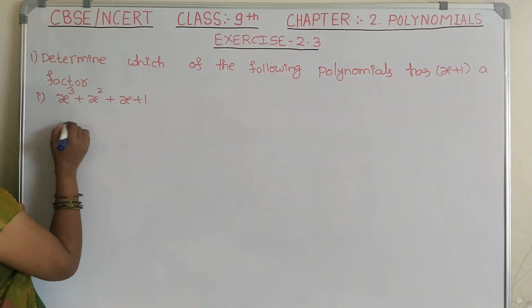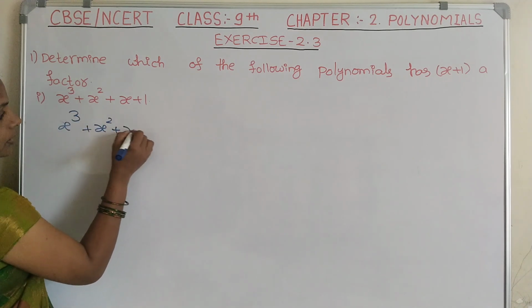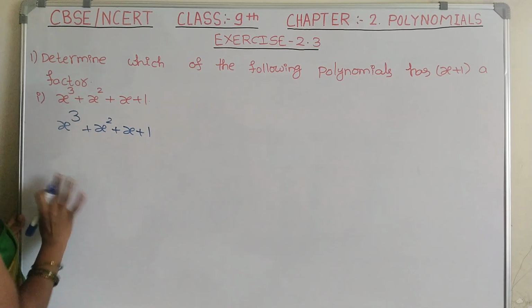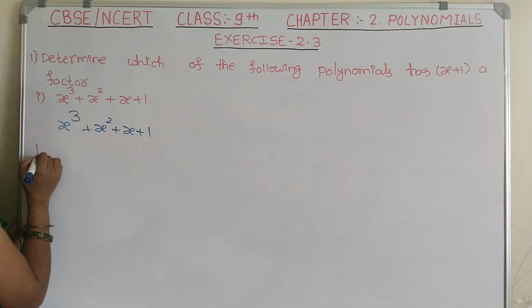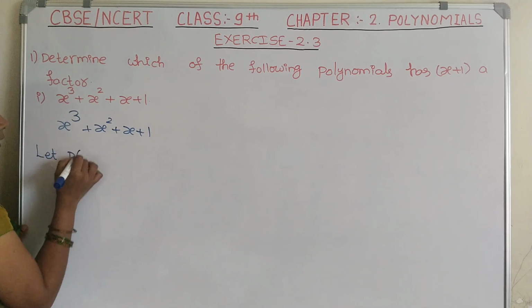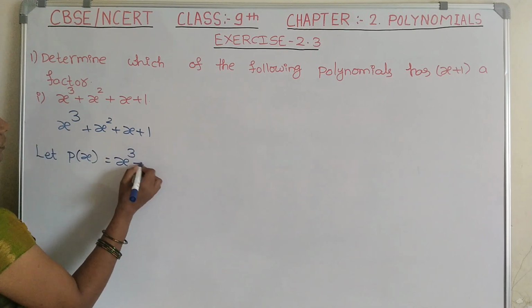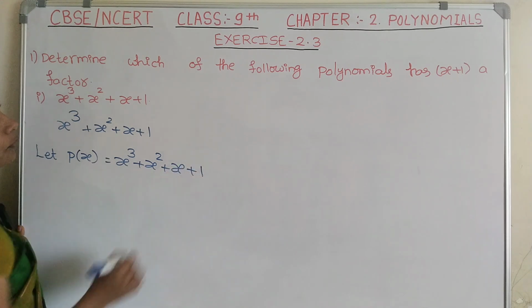First, this is the given question: x cube plus x square plus x plus 1. First of all, let us take this polynomial as p of x. Let p of x equal x cube plus x square plus x plus 1.